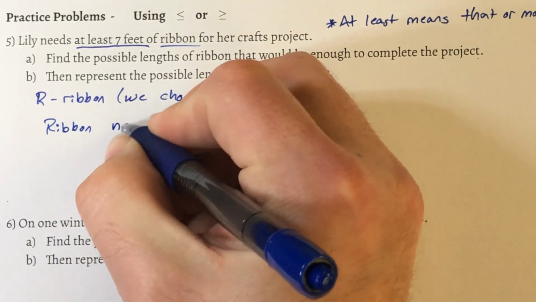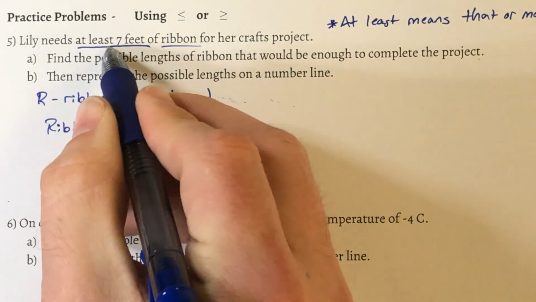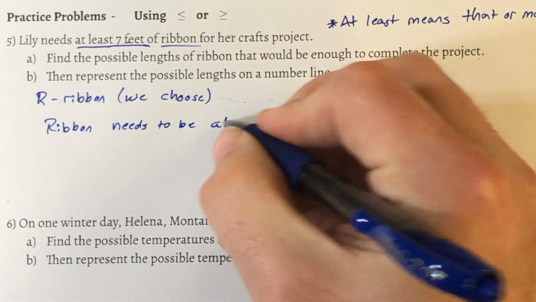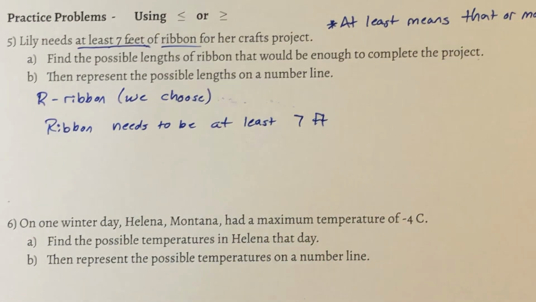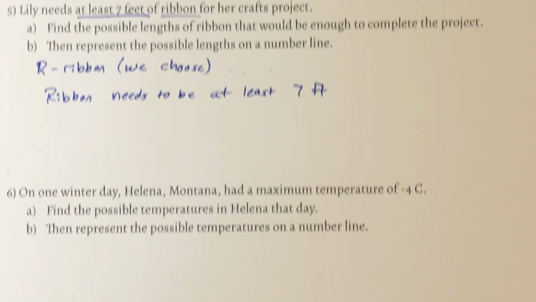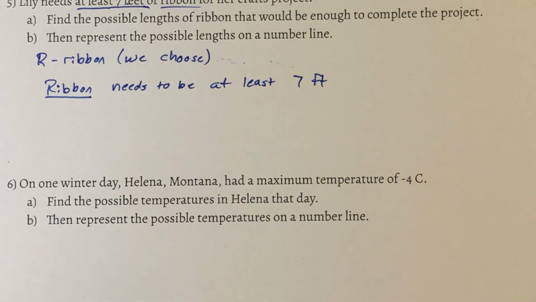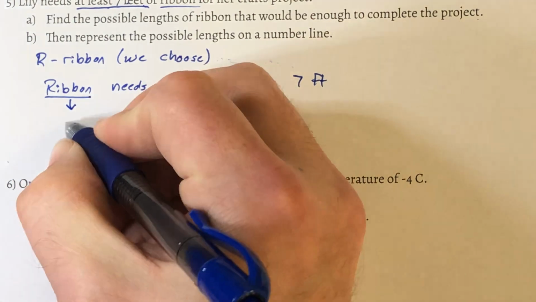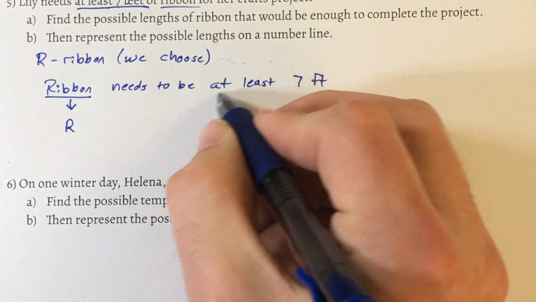The ribbon needs to be at least 7 feet. And we're going to translate that into our inequality. So first, the ribbon. We're saying the length of the ribbon is going to be capital R. It needs to be at least.